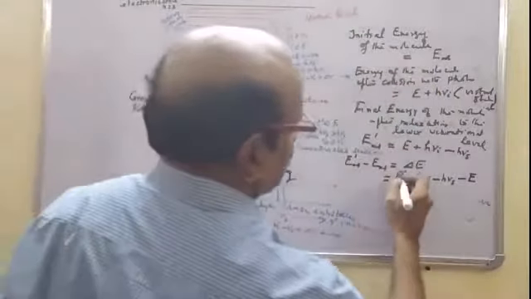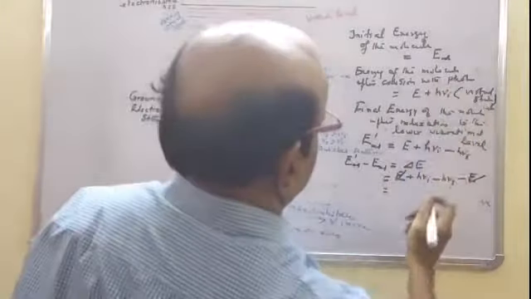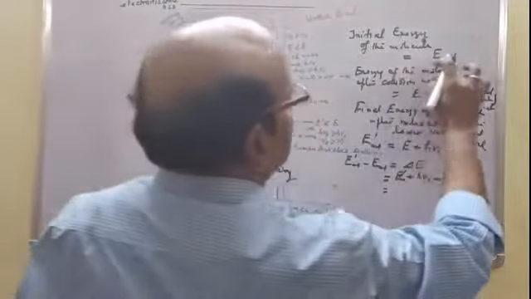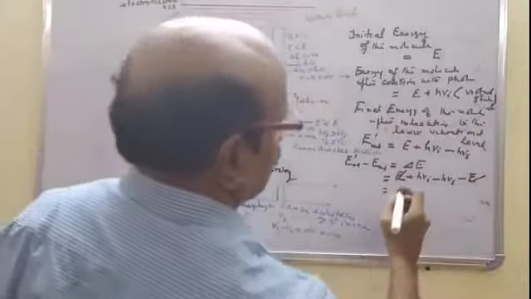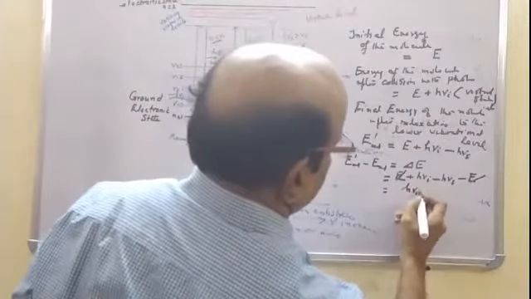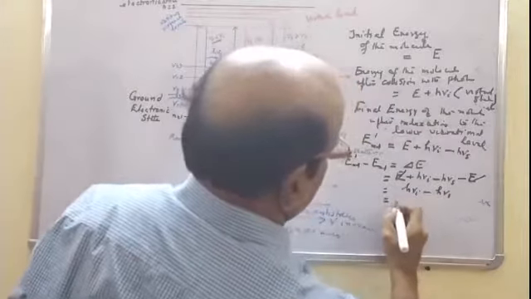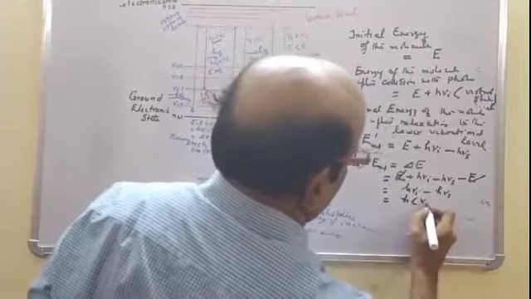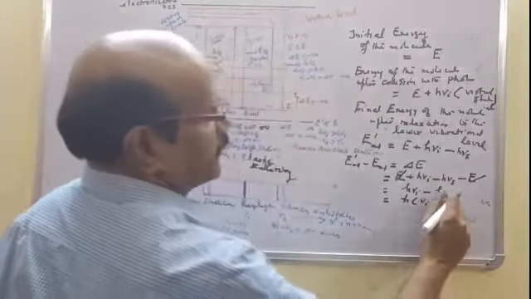So it get cancelled and we have H nu I minus H nu S. That is equal to H into nu I minus nu S. This is the intensity of the frequency of scattering light.